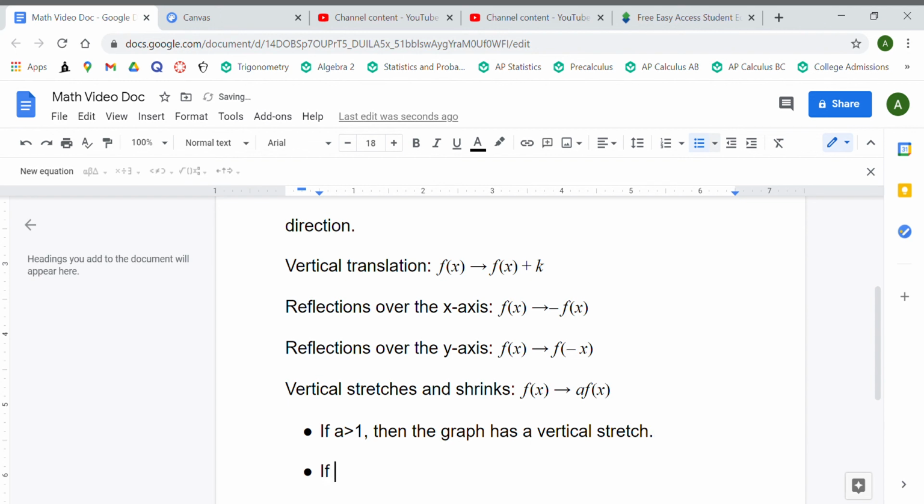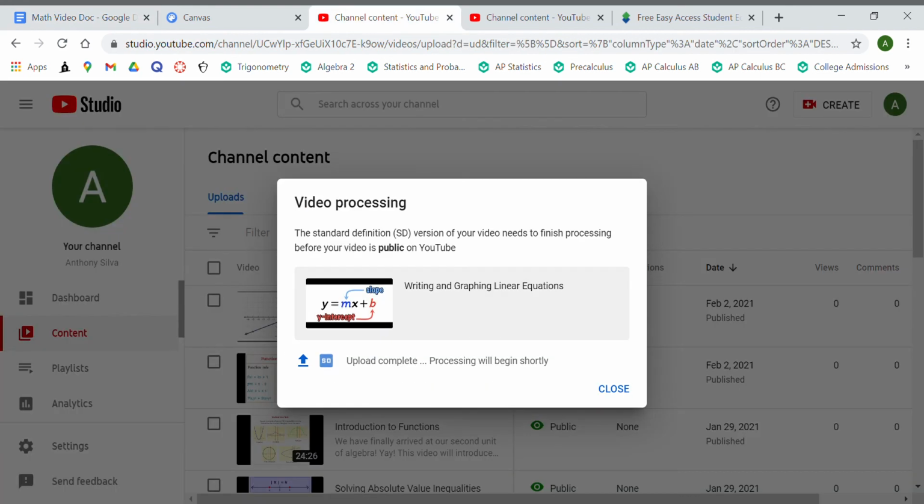And if 0 is less than a, and a is less than 1, then the graph has a vertical shrink, or when the points go towards the x-axis.